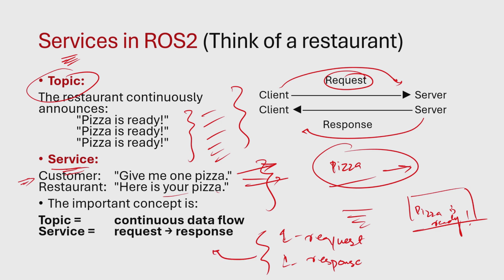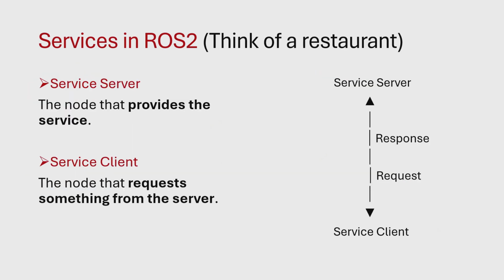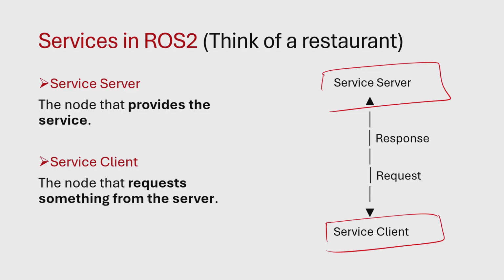So the major difference between topics and services is that topics have continuous data flow. You can see that on the display they will have pizza is ready and so on. But services are based on request and response. In summary, we have a service server, and then we have a client, which would be you in a restaurant.